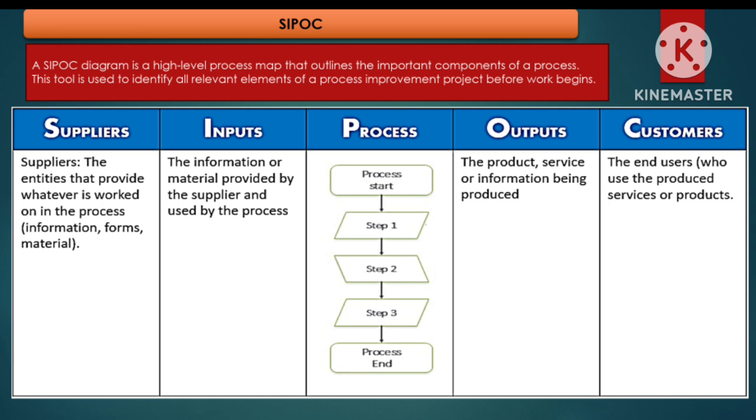For easy understanding, let me give you an example. So let's take tea making as a process. For tea making, we get the ingredients right from some grocery shops or stores. So those will be your suppliers in that tea making process. So whatever sugar, tea powder, ginger or other spices that you use depends on a specific requirement.